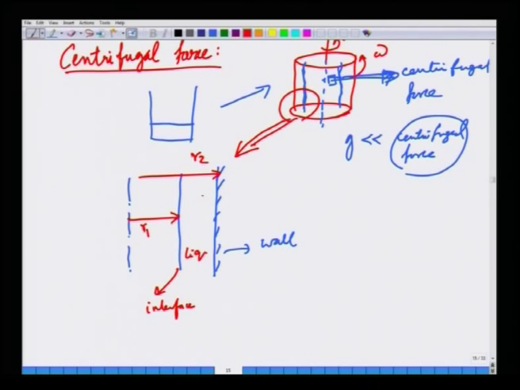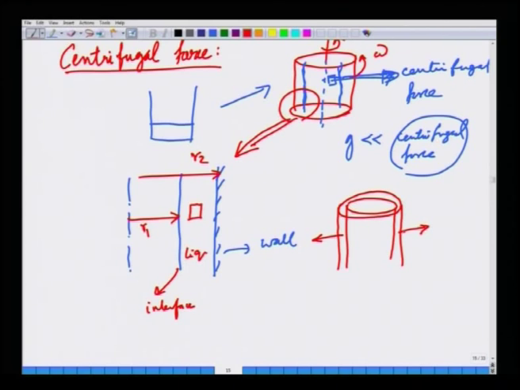Now, the centrifugal force, if you take any tiny fluid element, well, it is actually an annular element, because the geometry is cylindrical, so the fluid element will be a ring-like element. If you take any fluid element, there is an unbalanced centrifugal force acting radially outwards.